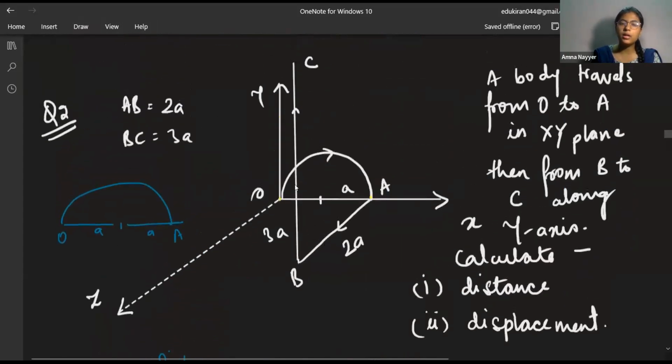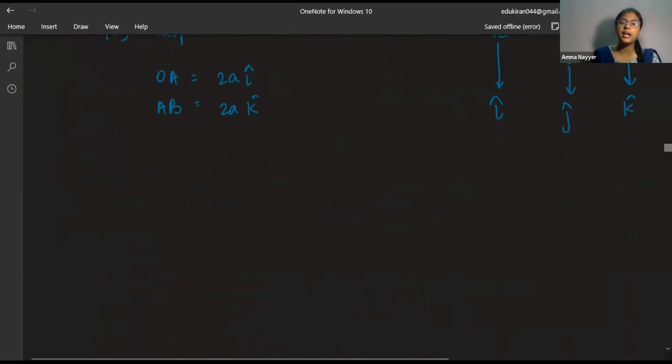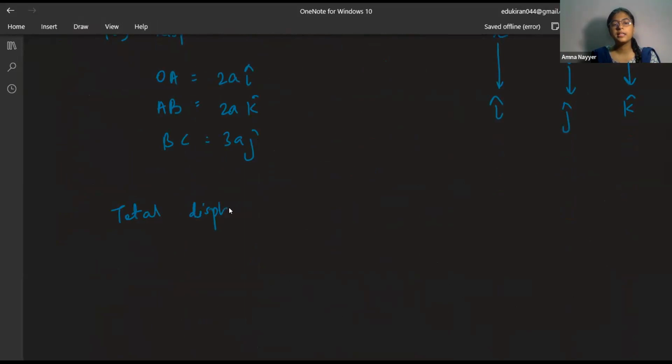From BC, it is going along the y-axis. So for the y-axis, we use the unit vector J cap. So BC becomes 3A J cap. So what will be the total displacement? This is going to be 2A I cap plus 2A K cap plus 3A J cap meters.